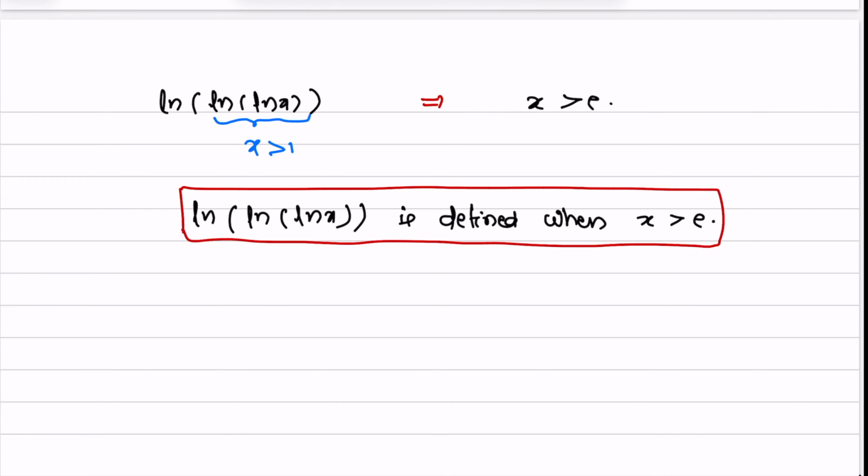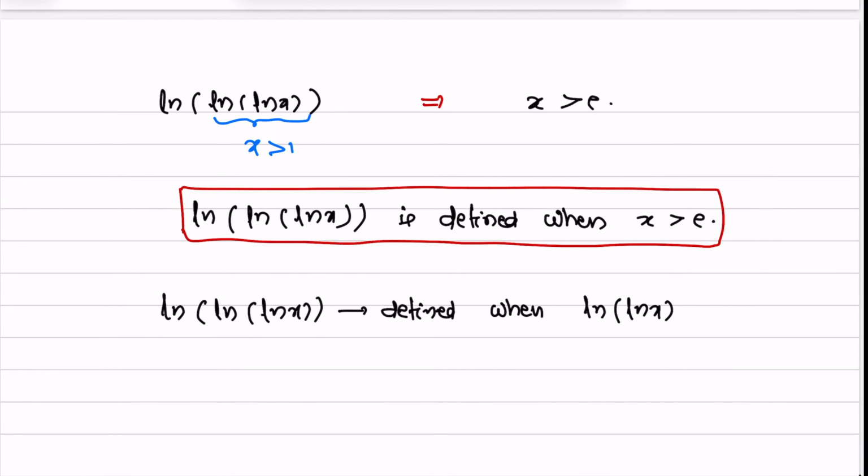Because ln of ln of ln of x is defined when ln of ln x is greater than 0.